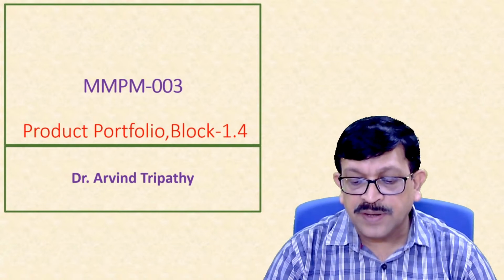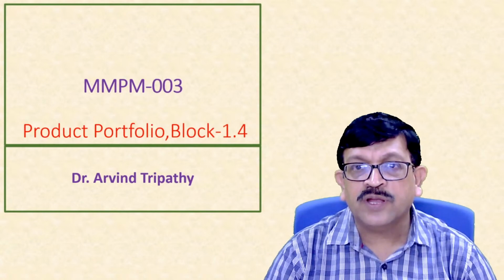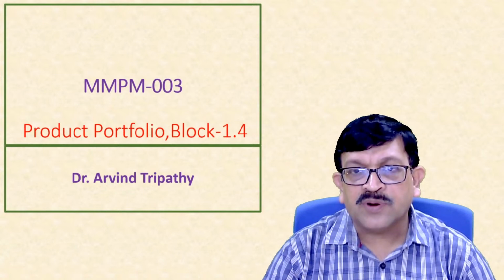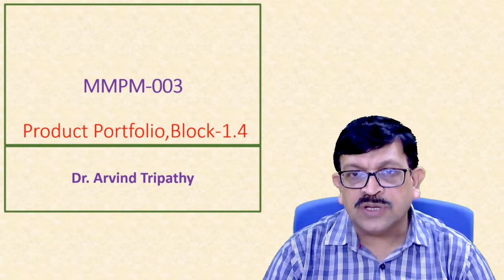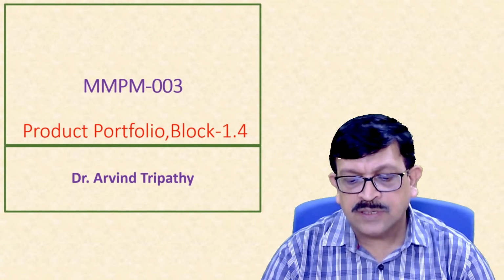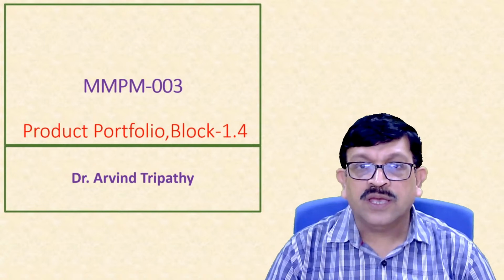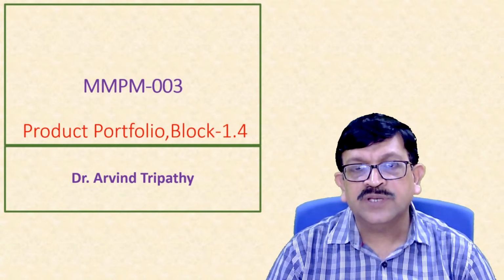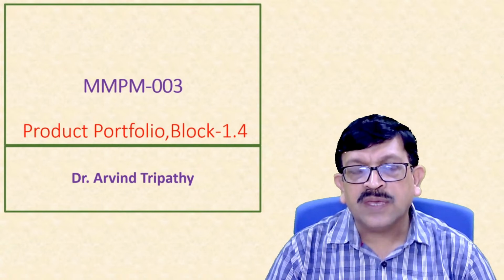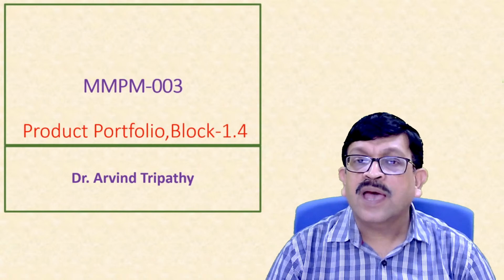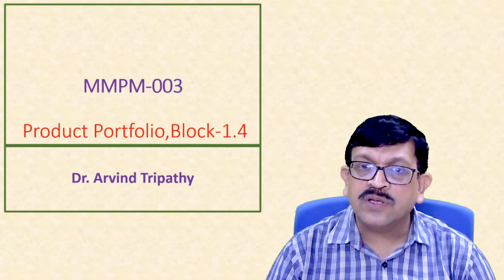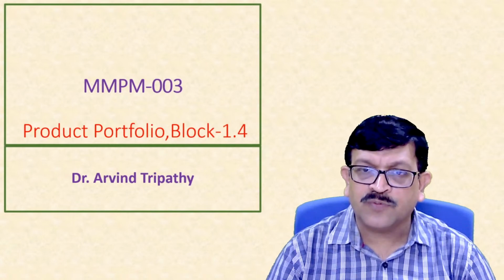So it becomes imperative that in the product portfolio analysis, we look into various indicators like the profitability, the growth potential, the market acceptability, as well as the risks involved in the investments that firms need to take in terms of bringing in new products, making them more viable in the marketplace, as well as sometimes even weeding out the weak products from the portfolio.